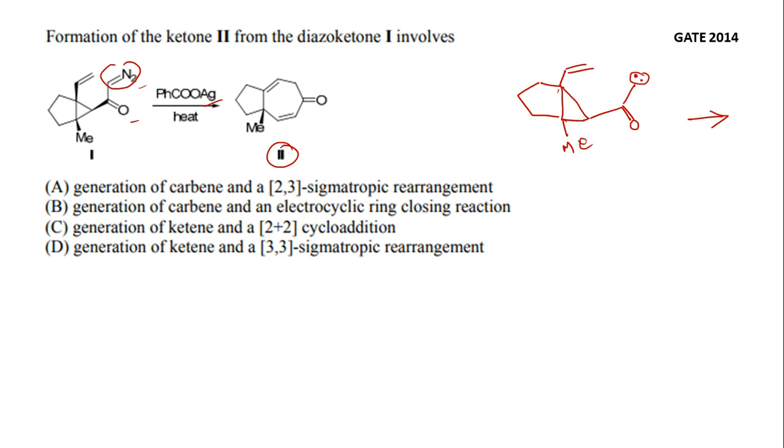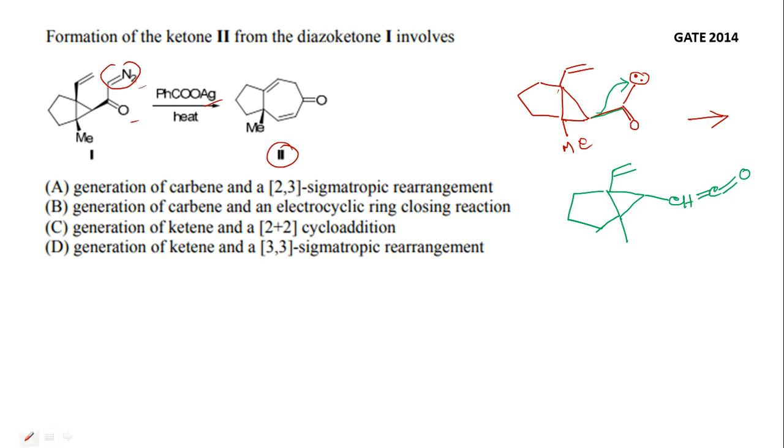Because of this Wolff rearrangement, this CC bond will attack here, so this CC bond will be broken. The 5-membered ring stays as it is, and the cyclopropane ring is also not disturbed. We have these groups as they are, and now with this carbon there will be CH double bond C, then double bond O. So it is undergoing through ketene. Now see, there is generation of carbene as well as generation of ketene. So we are not able to understand which option we should choose.